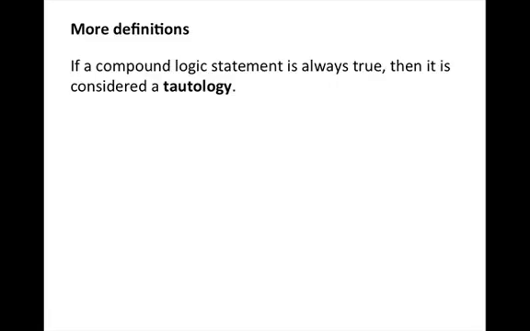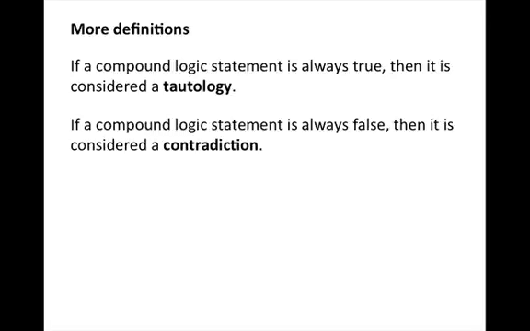Before we move on to the truth tables for this section, let's look at a few more definitions. If a compound logic statement is always true, then it's considered a tautology. A tautology is a logic statement that's always true, no matter what the values for P and Q are. That final column of my truth table is always going to be true.